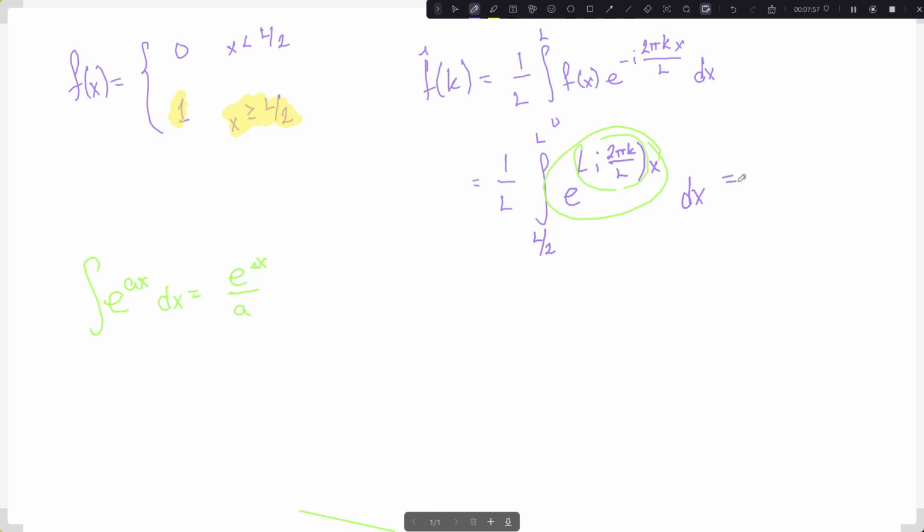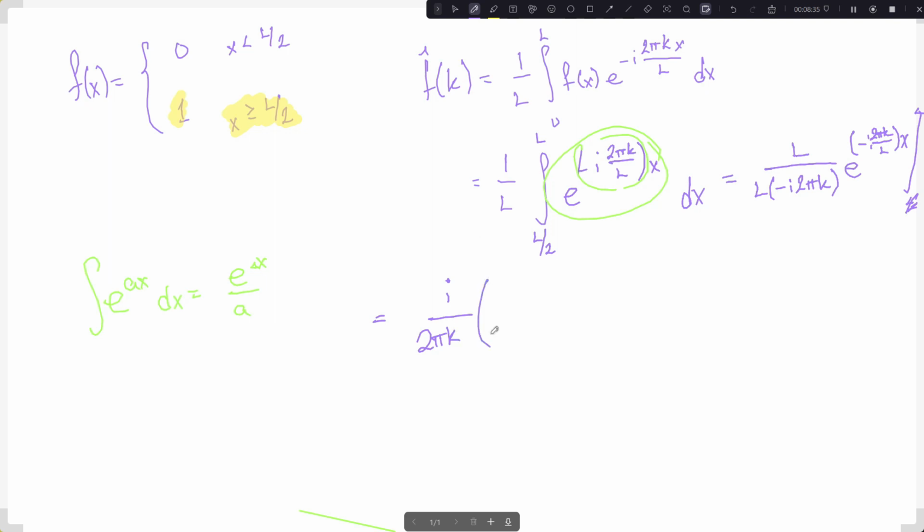And that's going to give me L divided by L times negative I 2 pi k. And then I'll end up with everything I started with, e to the minus I 2 pi k over L x, evaluated at the boundaries L over 2 and L. If I simplify what's out front a little bit, that's going to give me I divided by 2 pi k.